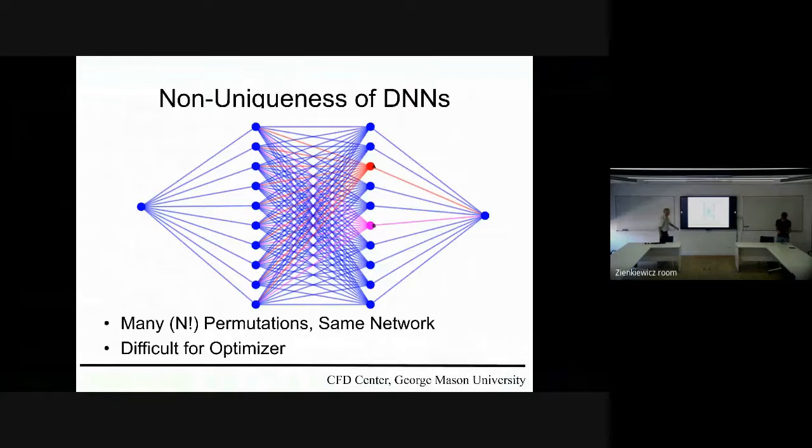If you take all of these connections here and the connections of this, and now you flip this to this and this to this, then you're flipping the entire row. Yeah, sure, absolutely. It's the same neural net. The output will not change. But for the optimizer, it's much easier.